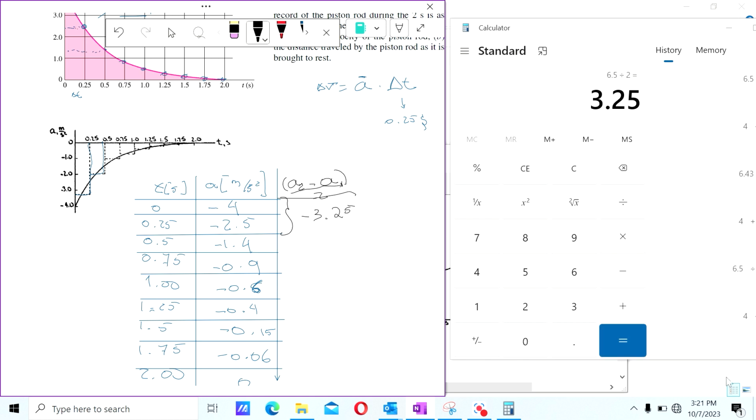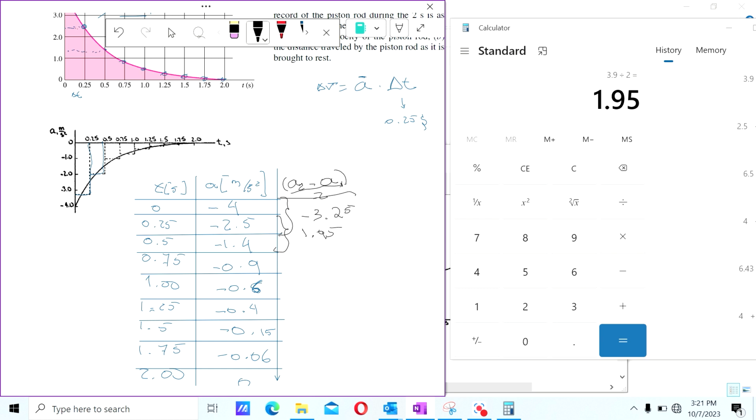Okay. Then the next one is 2.5 plus 1.4 divided by 2 is 1.95. So 1.95, taking those two.